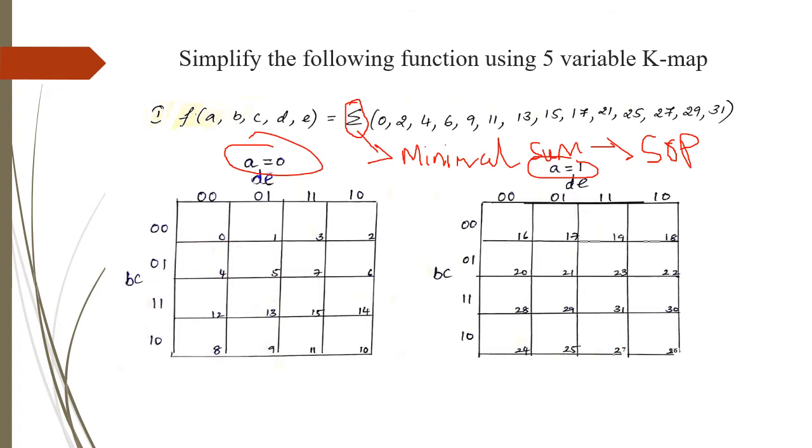Then you place the cells: 1, 2, 4, 6, 9, 11, 13, 15, and then 17, 21, 25, 27, 29 and 31. This is how you write the K-map.